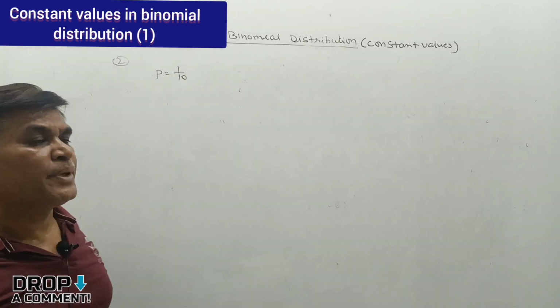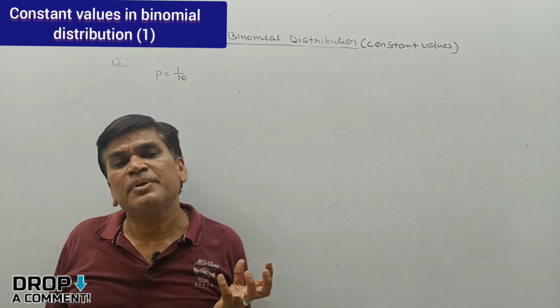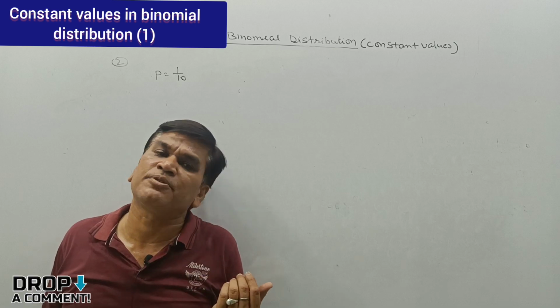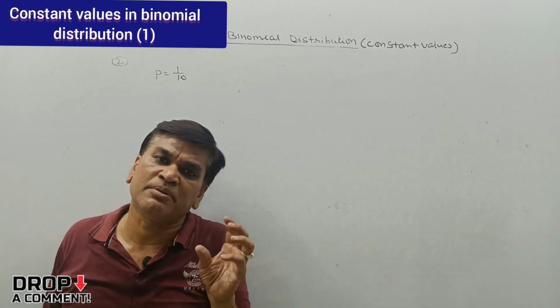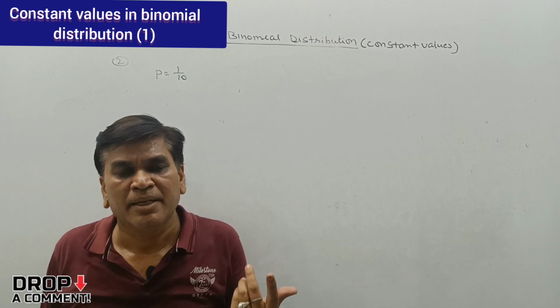It means a company is making screws and the probability that out of 10, one screw is defective is over there. It means they have some problem in the threads, I should say.